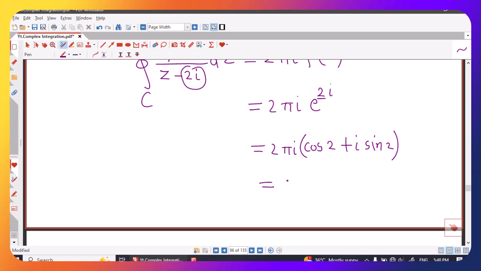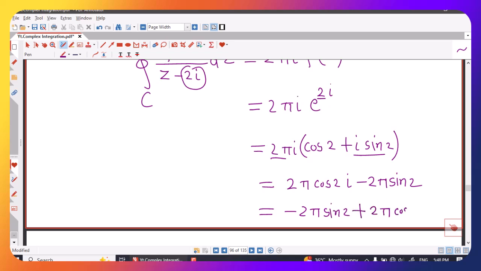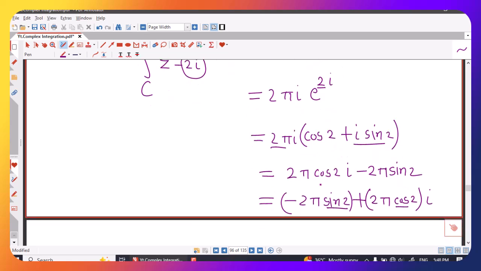We can rewrite this as 2 pi cos 2 into i, and 2 pi i square into sin 2, and i square is minus 1, so we have minus 2 pi sin 2, or this I can rewrite as minus 2 pi sin 2 plus 2 pi cos 2 into i. This is real part and this is imaginary part. And if we wish, we can find out values of sin 2 and cosine 2 using scientific calculator, or we can keep this as it is.